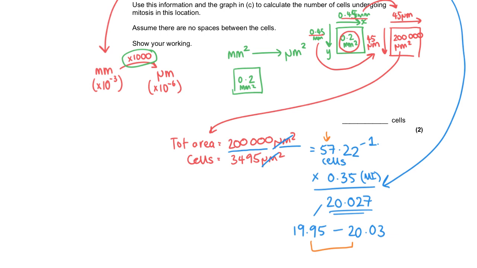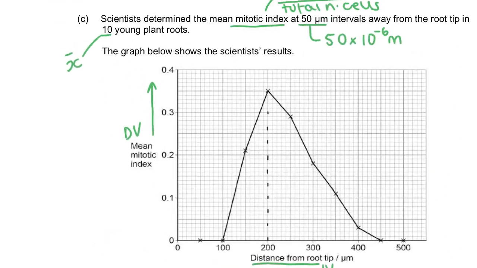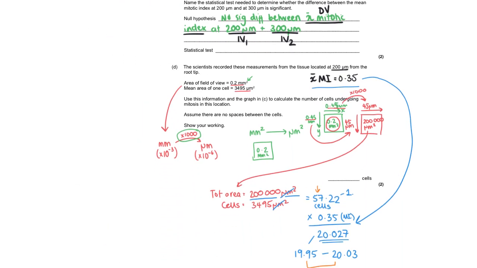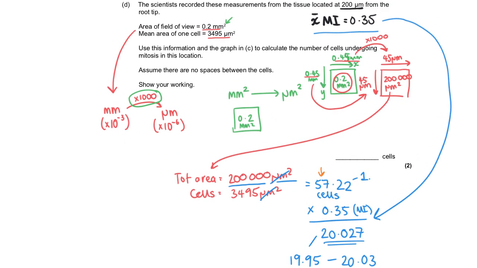It just gives a little bit more scope for the way that you've worked the maths out. What doesn't change, though, is how you read the graph. It's very, very clear to me, at least, that this cross at 200 micrometers from the root tip is at 0.35. So please make sure you're looking at the correct data on the table as you go through.